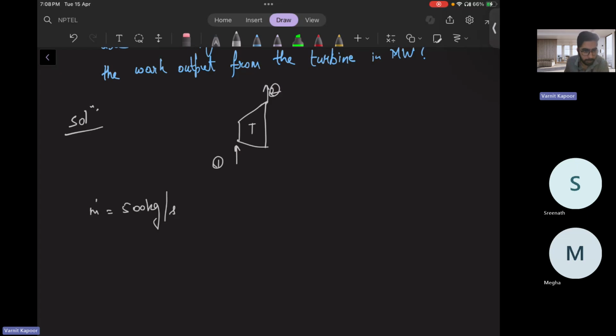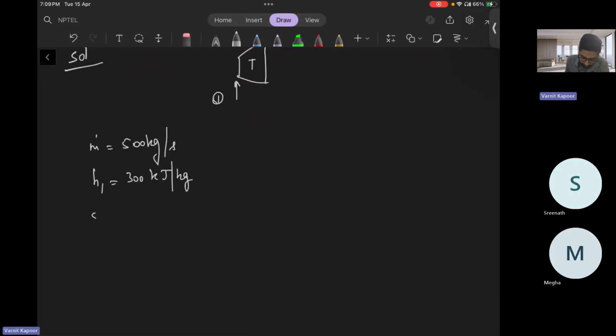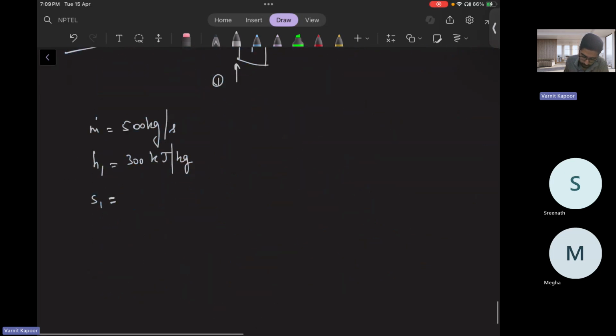State 1 enthalpy, specific enthalpy H1, is given as 300 kilojoule per kg. State 1 specific entropy S1 is given as 6.5 kilojoule per kg Kelvin.